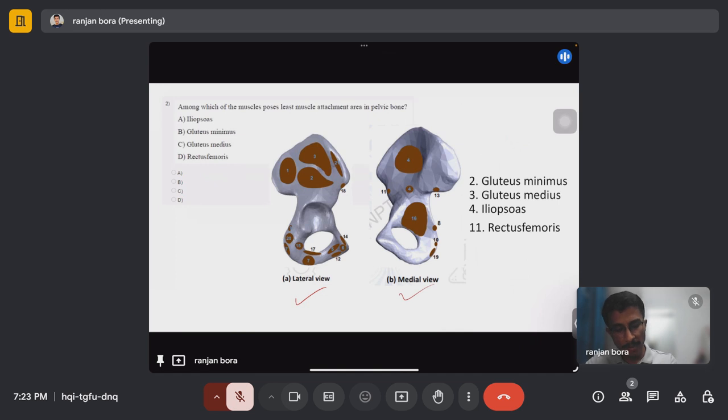We can see that 2, 3, and 4 are there. These muscles are gluteus medius and iliopsoas. Now you can see this is 11. This 11 is a very small attachment site, which is the rectus femoris. So among the 4 options, option D is correct, rectus femoris.